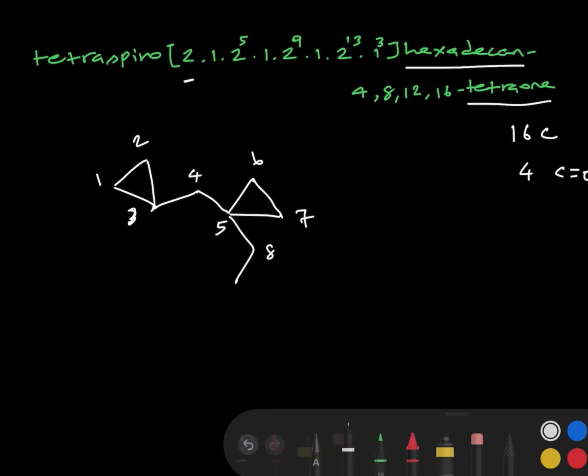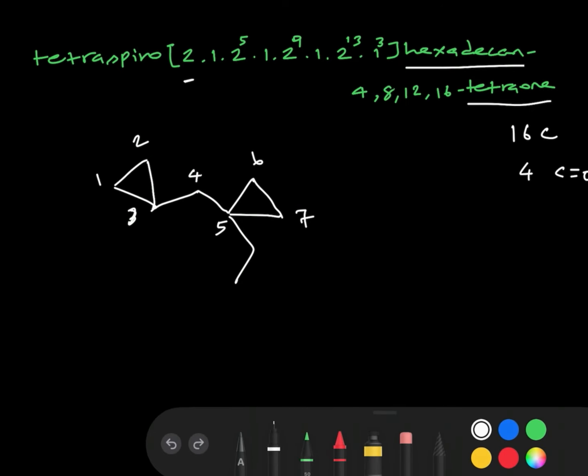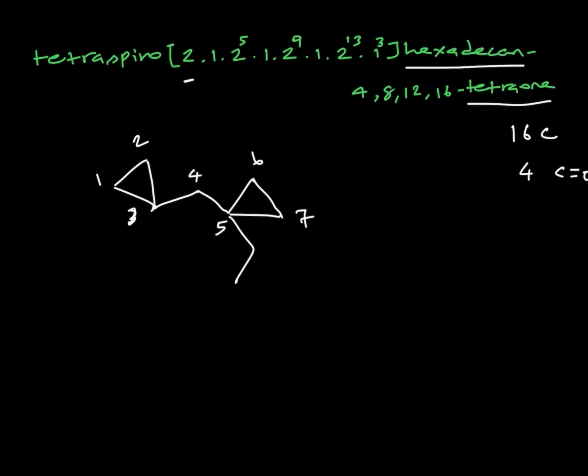Let's number it inside so that this is 8, this is 9, and then at 9 again we have a 3-membered ring.